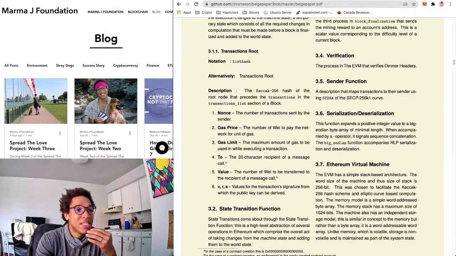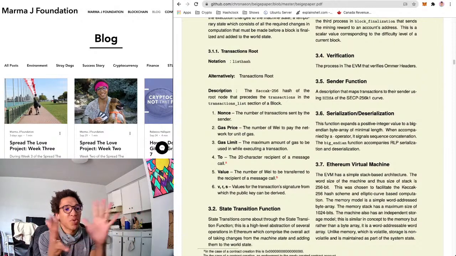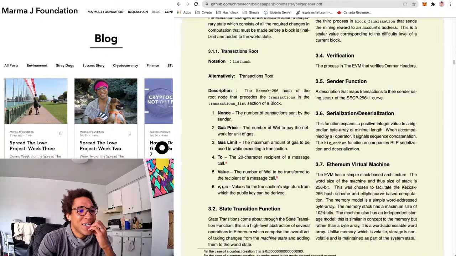So serialization, deserialization. This function expands a positive integer value to a big endian byte array of minimal length when accompanied by a multiplication operator. It signals, or maybe it's an addition, like a binary multiplication, whenever we smush things together, it signals sequence concatenation.